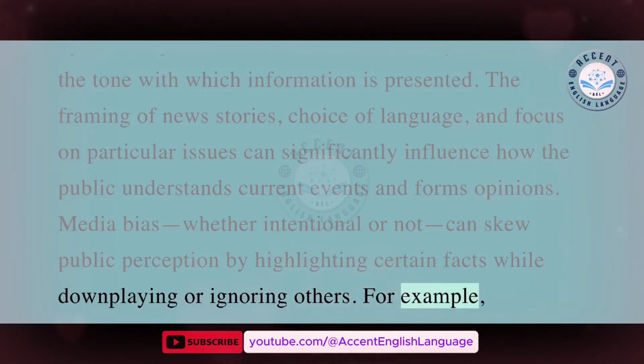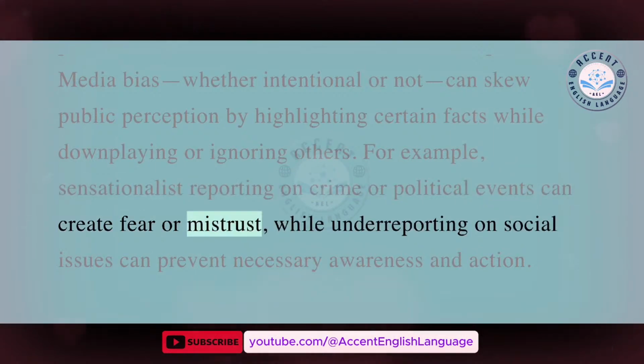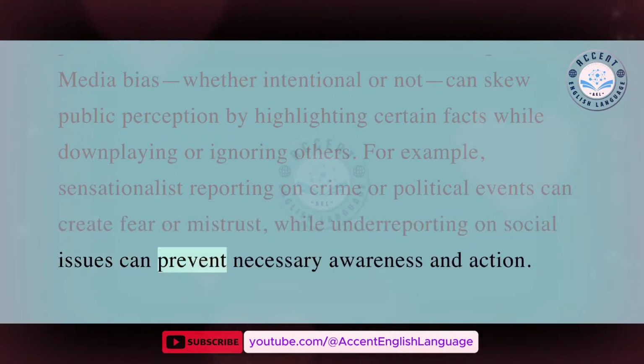For example, sensationalist reporting on crime or political events can create fear or mistrust, while underreporting on social issues can prevent necessary awareness and action.